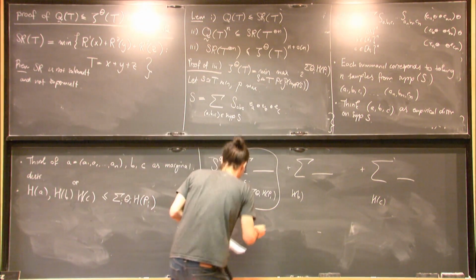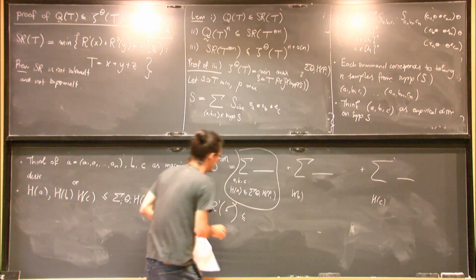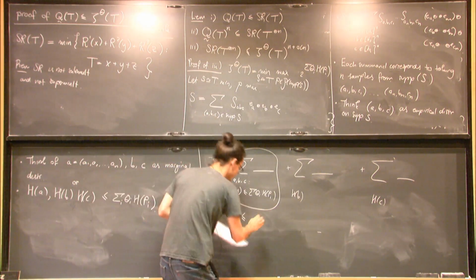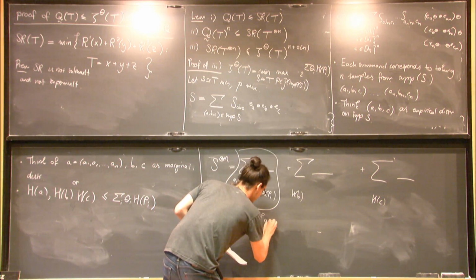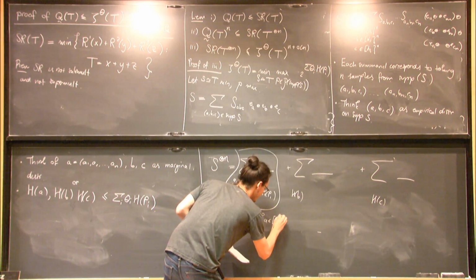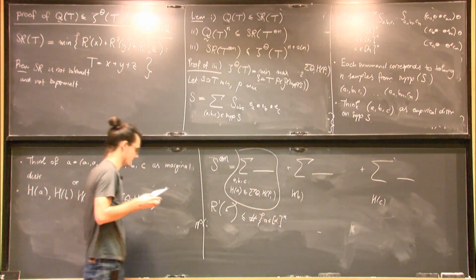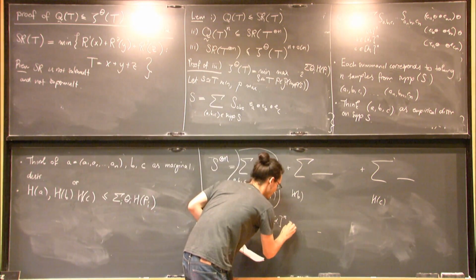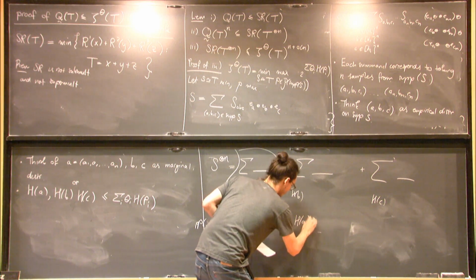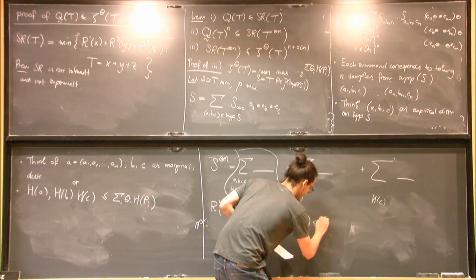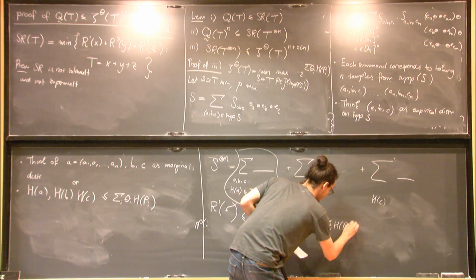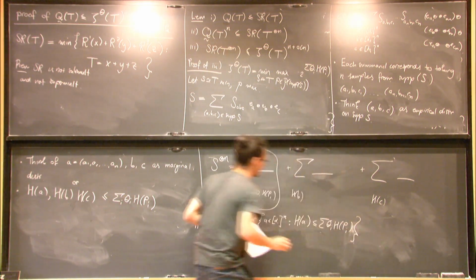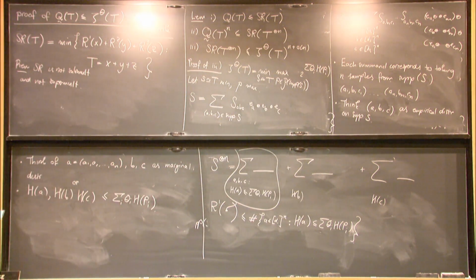So to make this a little bit more precise, this R1 will be upper bounded by the number of elements A, the number of n-tuples A, for which the entropy is at most this weighted Shannon entropy. Okay, I claim this.